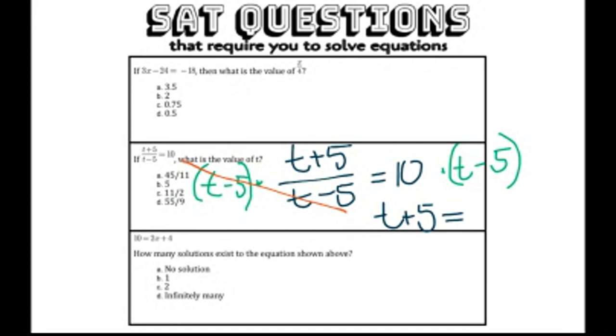And then on this side, if I have something, this 10, being multiplied by parentheses, I want to distribute that 10. So I want to take the 10 and distribute in here to get 10t. And then take the 10 and distribute here. 10 times negative 5 will give me negative 50.